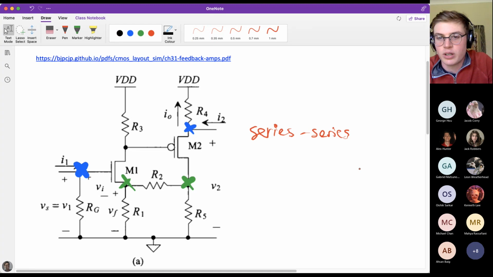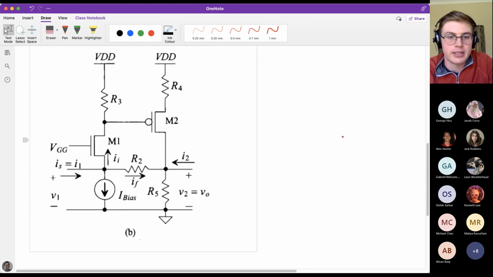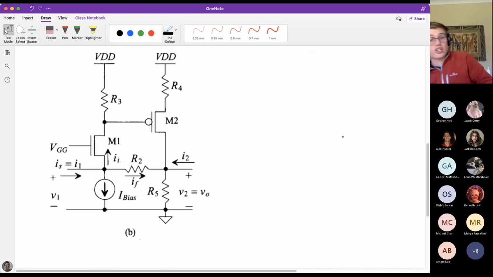Now the next one, we're not going to have you put it in the chat. I'm going to get people to raise their hands when I say a topology, and see if you can get it. So this next one, feel free to take a screenshot, draw on it, whatever you need to do. What topology are we looking at here?